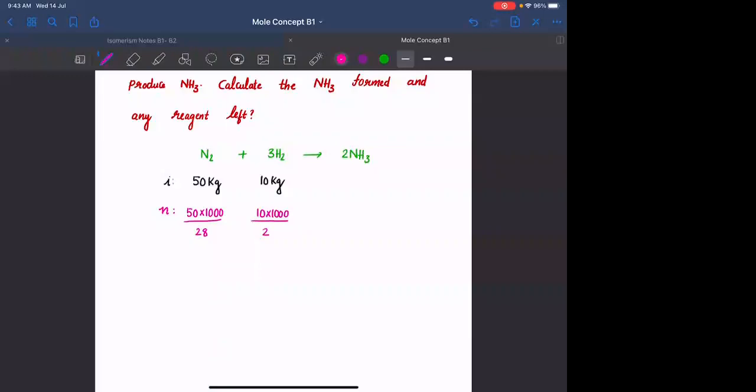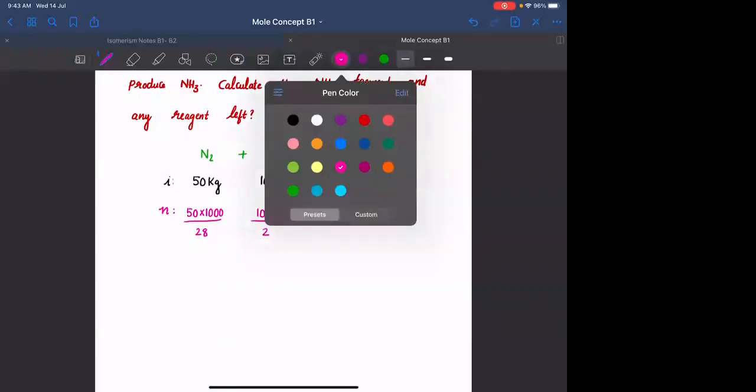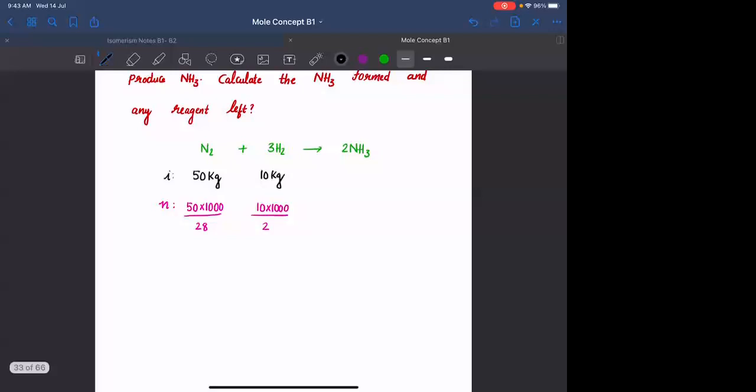Okay, these many moles are there. I just need to compare, so I will write this as 25 upon 14 into 1000. This is 5 into 1000. Agreed?